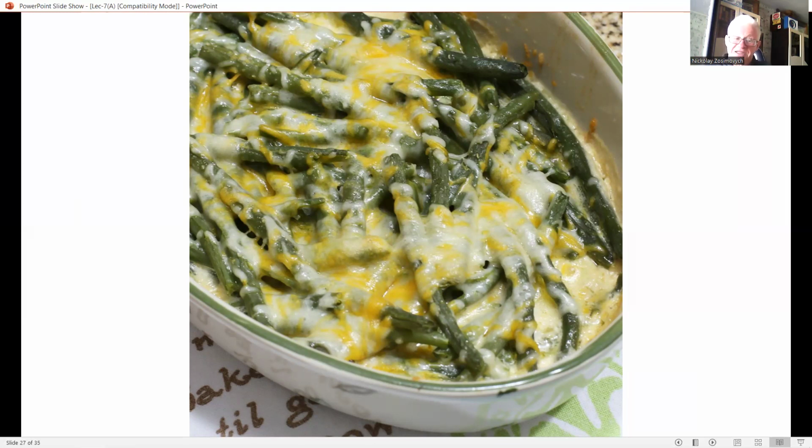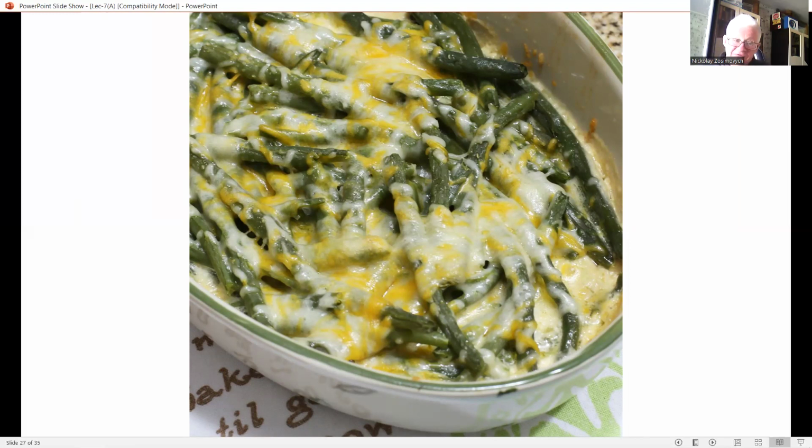In contrast, temperature refers to the average speed of the particles. A hot cheese and a hot green bean can have the same temperature, but the cheese can contain more thermal energy and can burn your tongue. Don't try.